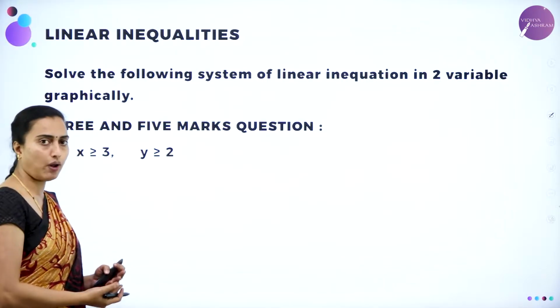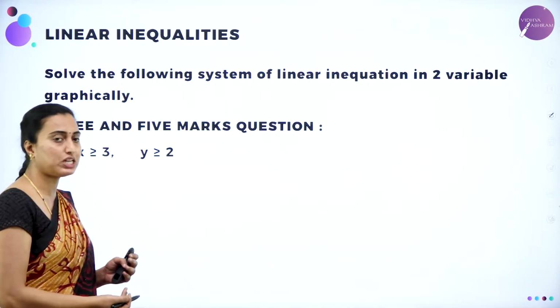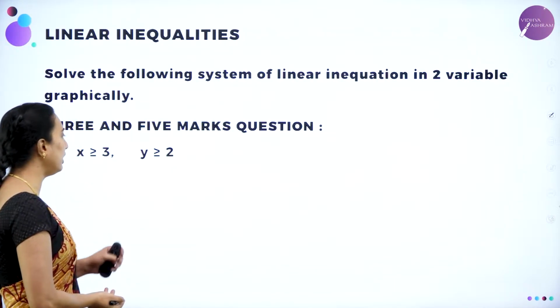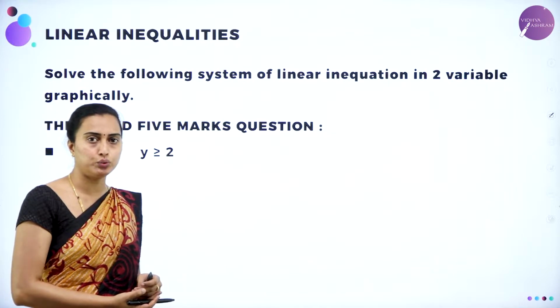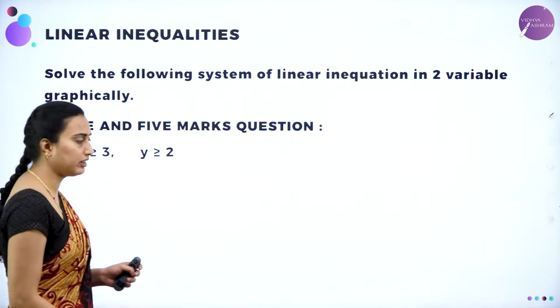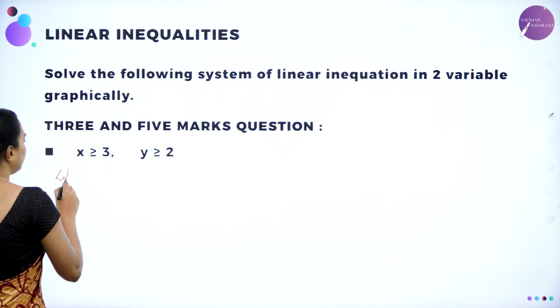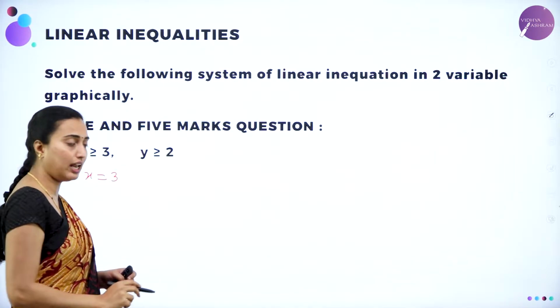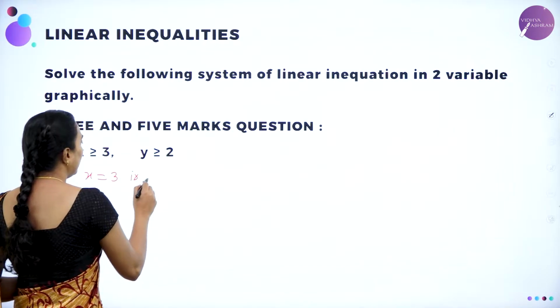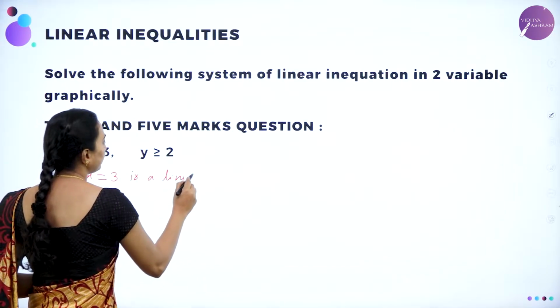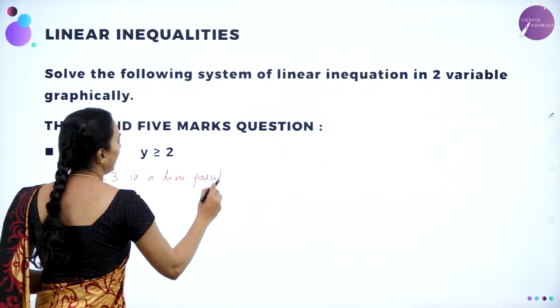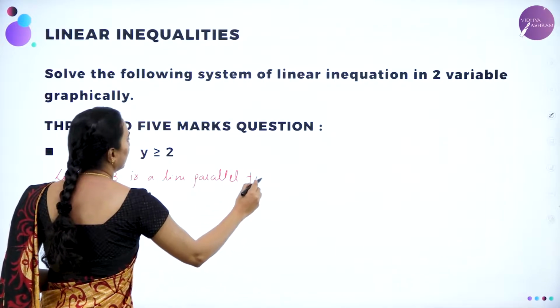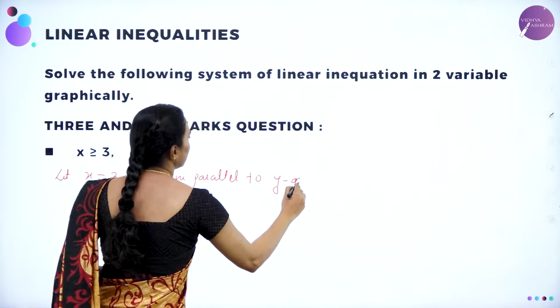So here, the first problem they have given, which is a 3 marker question: x is greater than or equal to 3, y is greater than or equal to 2. First I am going to assume like this, dear students, let x is equal to 3. x is equal to 3 is a line parallel to y-axis, isn't it?